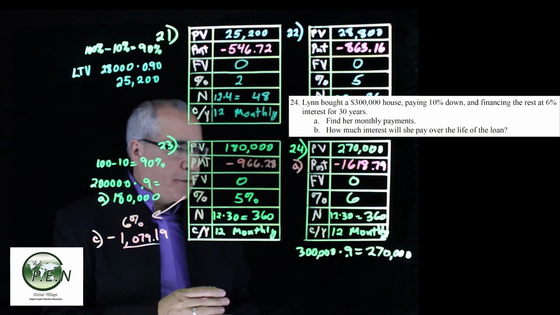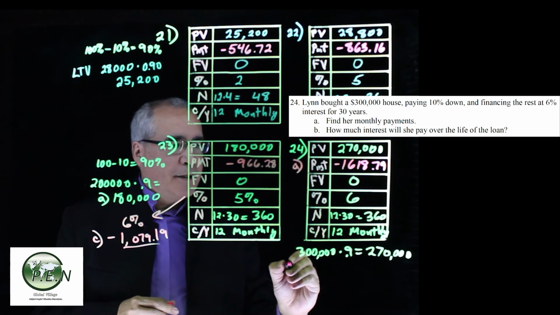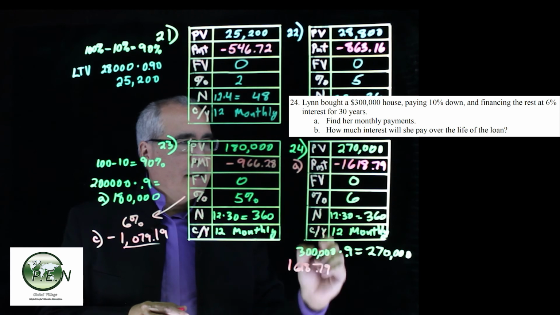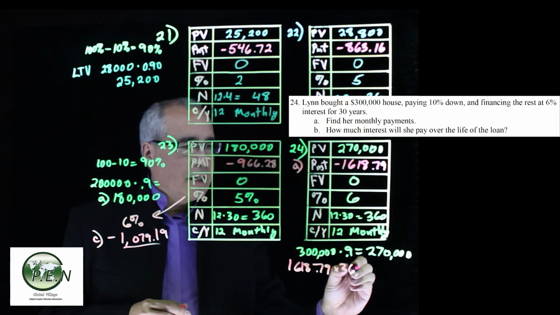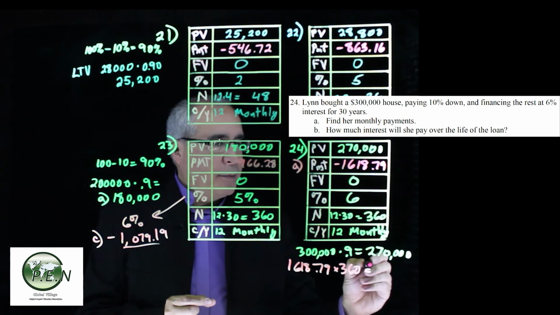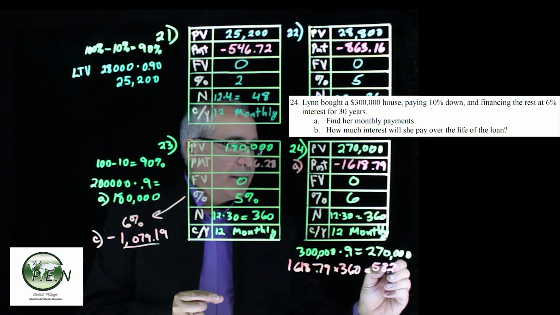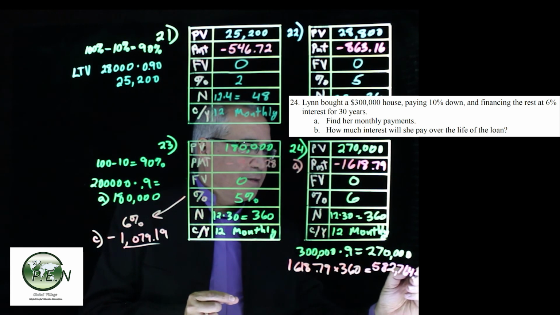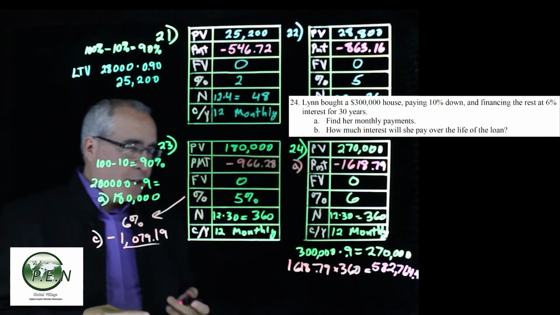Okay, so we take the monthly payment, 1,618.79 times the periods, 360, and we find out, calculating out, that she will make $582,764.40. That's what she will pay.